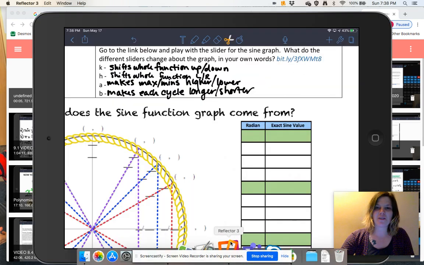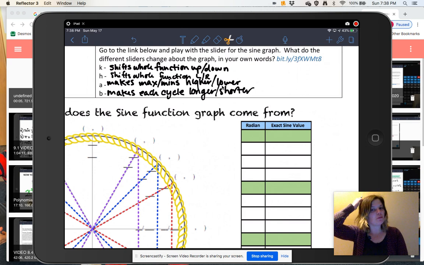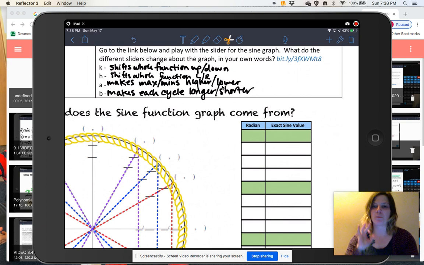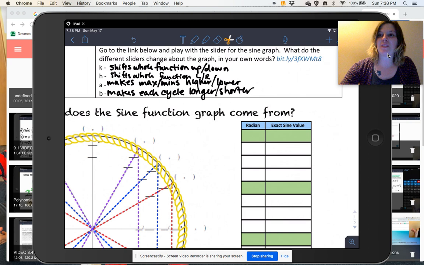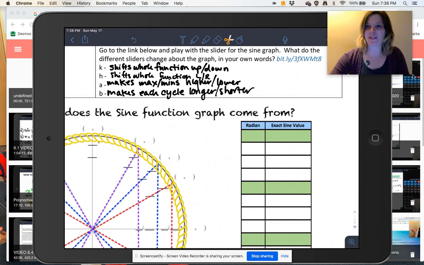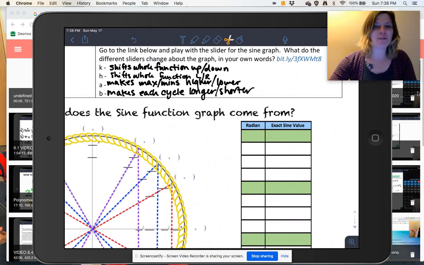All right, let's go over some of the language that you might have used, and we can switch our language around. This is just us warming up our brains on the topic we're going to be talking about. So the k value we looked at together, it shifts the whole function up and down.